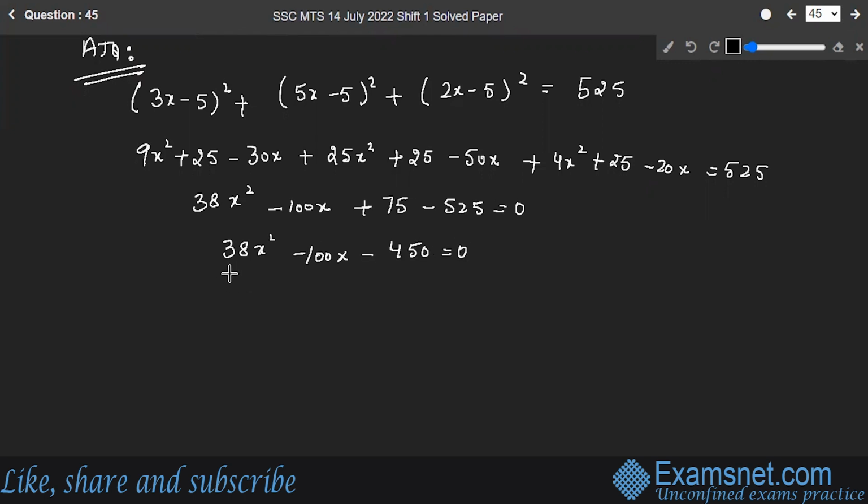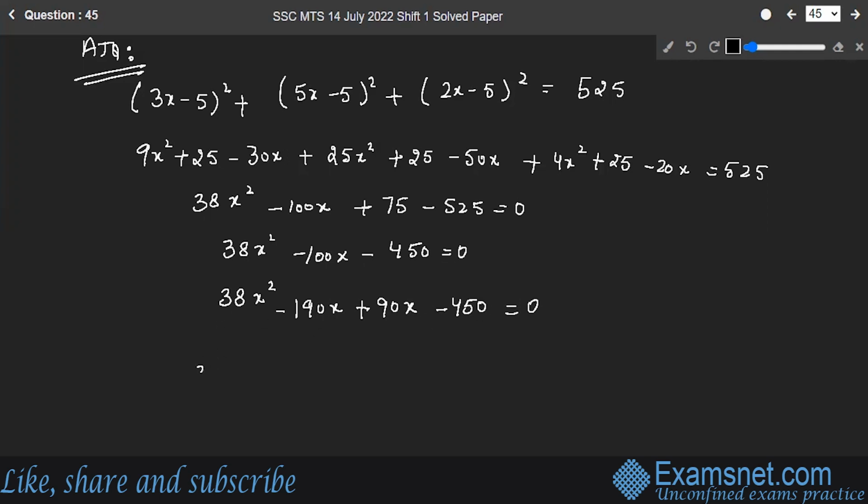Let's split the middle term. So this is 38x square minus 190x plus 90x, which will give you minus 100x. Okay, so minus 540 is equal to 0.